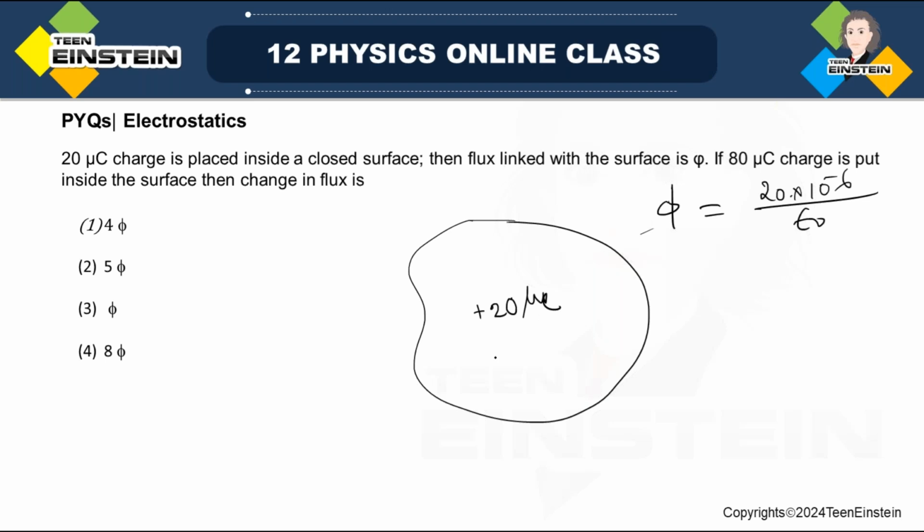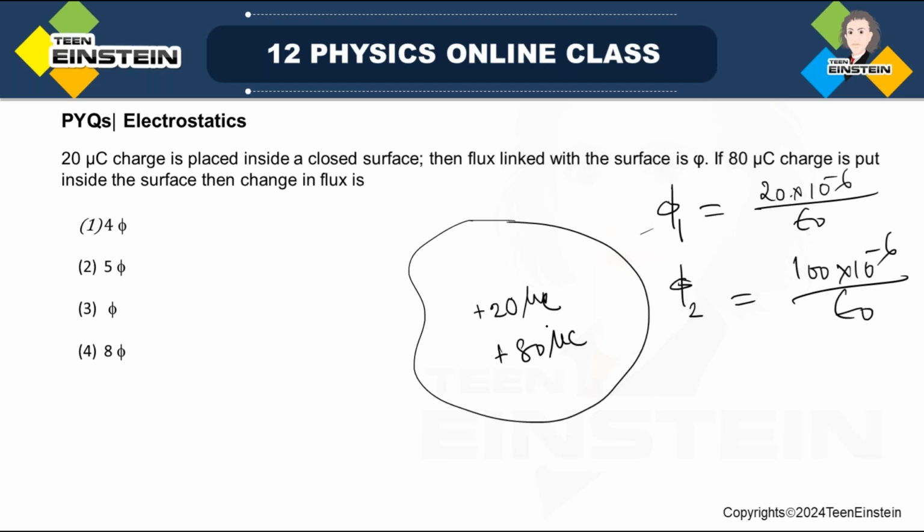Now if another charge of 80 microcoulomb is added, or placed inside the surface, then what will change in the flux? Let me write this flux as phi 1, and the next, when the charge is added, as phi 2. Now the charge enclosed by epsilon naught will be 100 into 10 to the power -6 coulomb divided by epsilon naught.